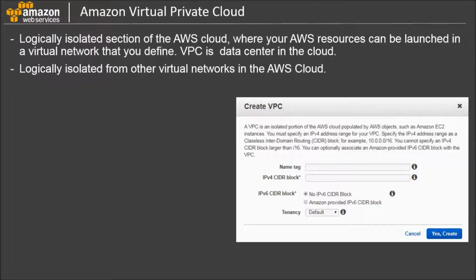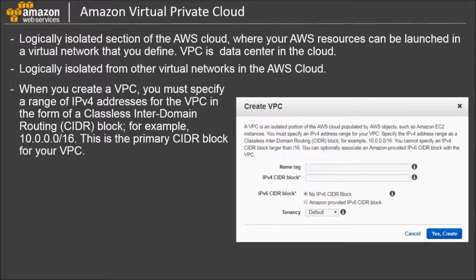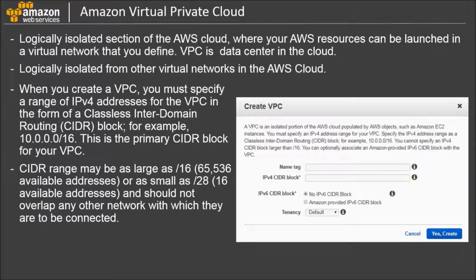To create a VPC, you must specify a range of IPv4 address in the form of CIDR block. CIDR range may be as large as /16, where you can have 65,000 available addresses, or as small as /28, where you can have 16 available addresses.